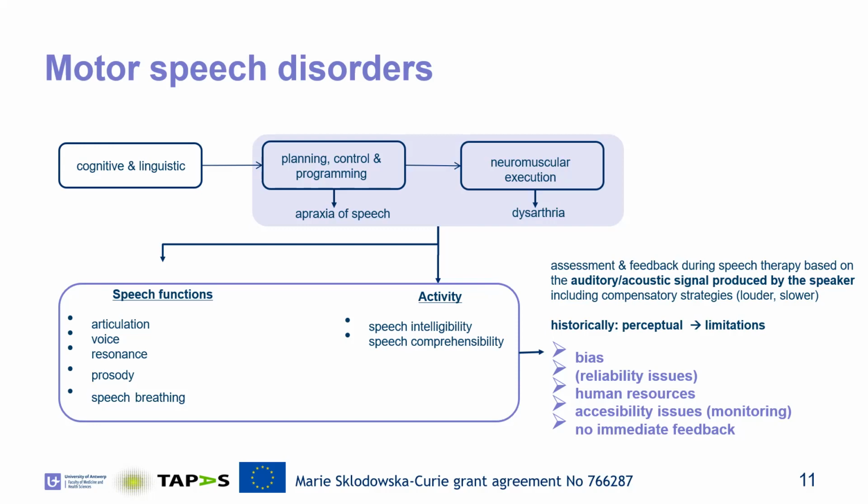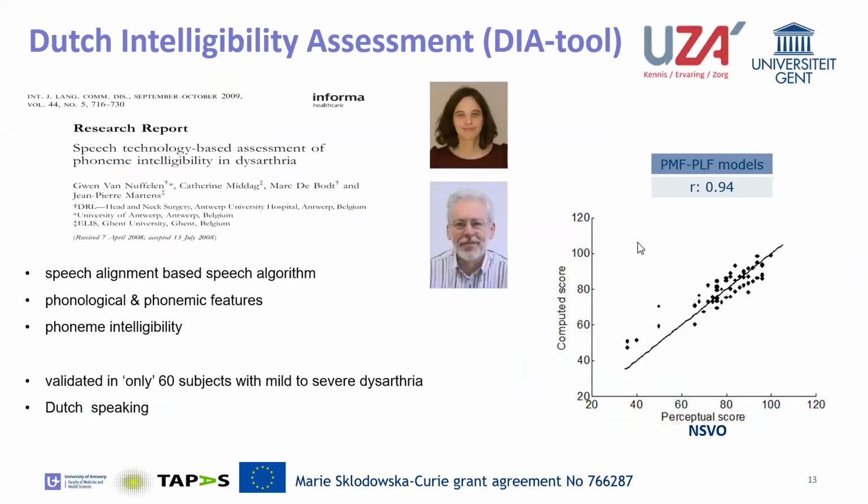It's not a problem if the patient has to come once to your office, but if he has a progressive disease, or if you want to monitor the effects of therapy, then it's very easy if you could do it with an automatic tool, home-based. What is also the case is that when we're using those instruments, we are not always able to give the patient immediate feedback, which is obviously also interesting when we're talking about speech therapy.